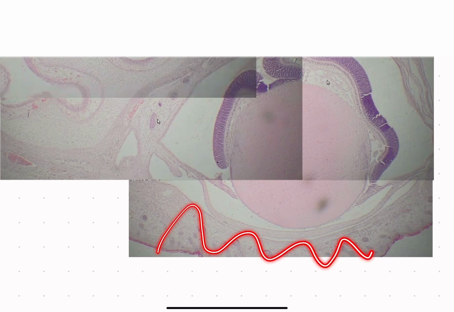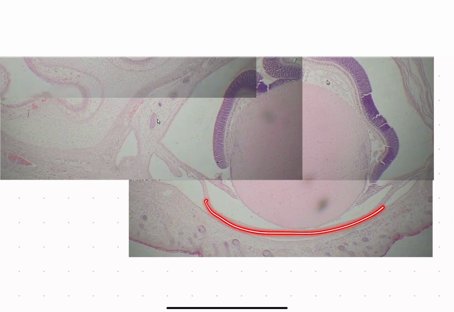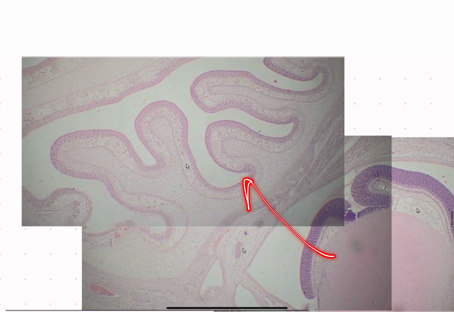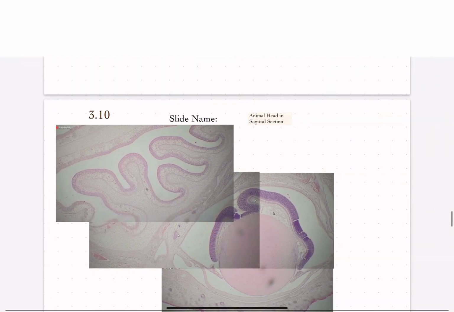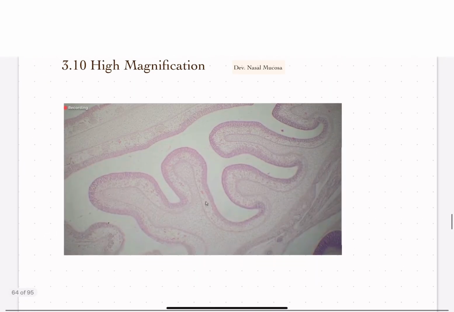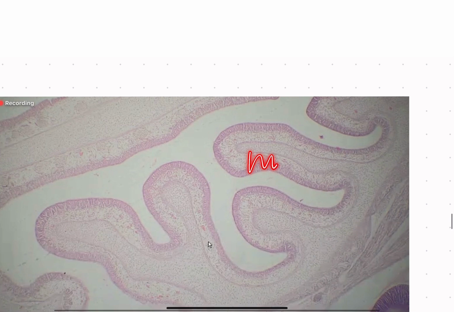So this would be the entire eyelid, because it's in front of the cornea like so. Okay, but here we have something more interesting, which is the developing nasal cavity. And the developing nasal cavity, if we zoom in, has the developing nasal mucosa. It also has the nasal cartilaginous capsule.